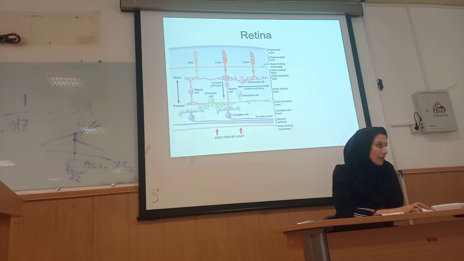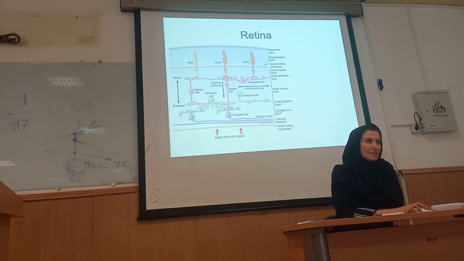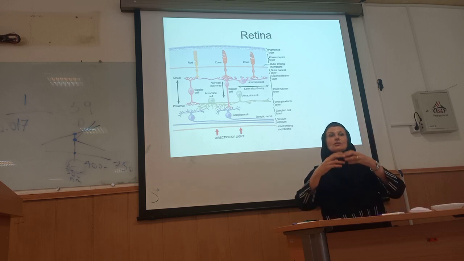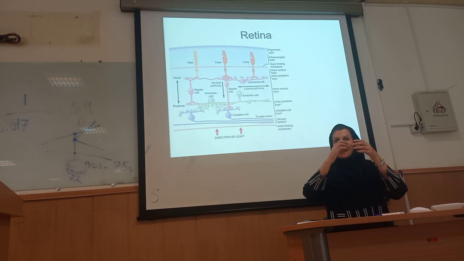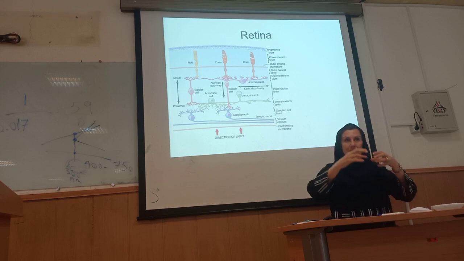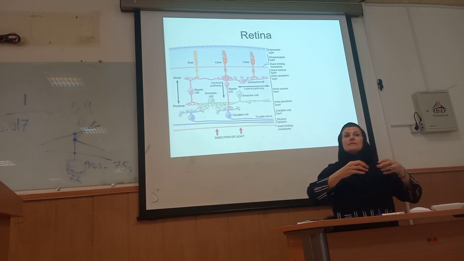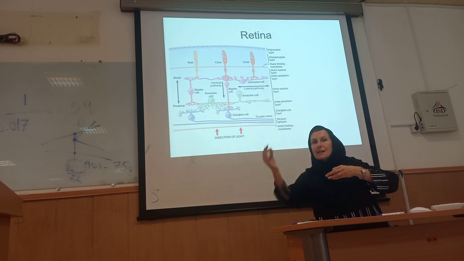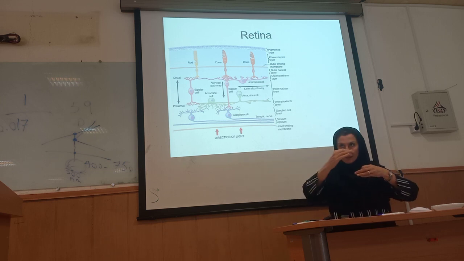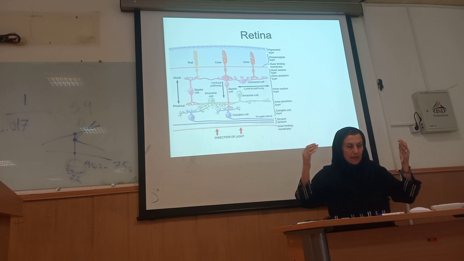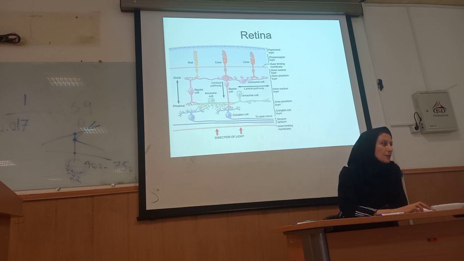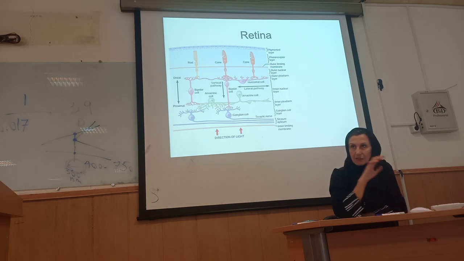Here in the retina, I want to show you some important neurons, because of which the retina is a compartment of the central nervous system, not the peripheral nervous system. Here you can see photoreceptors, rods and cones. Two kinds of photoreceptors; I will explain the differences between them.